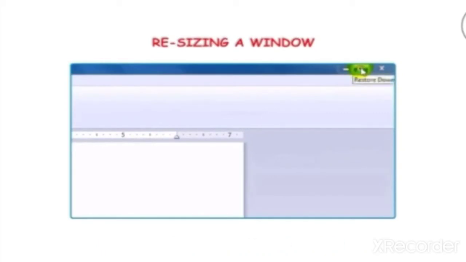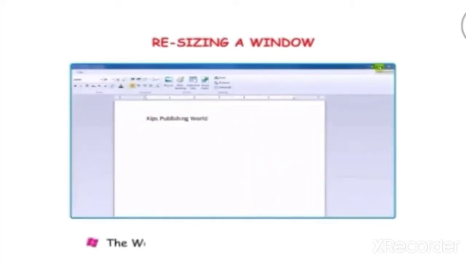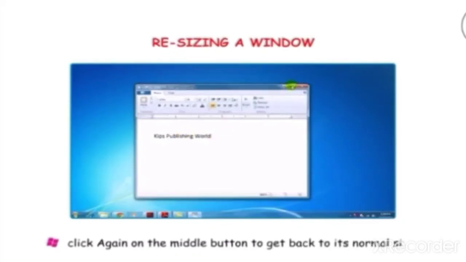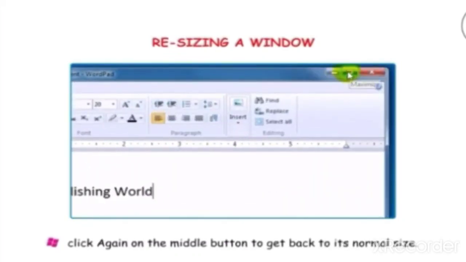Click on the middle button, restore down. Then number 2, the WordPad window will become small in size, right? Then number 3, click again on the middle button to get back to its normal size. You can see now it is in normal size when we click on the middle button again.